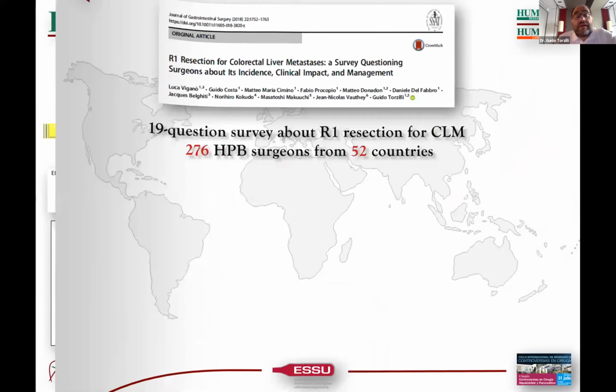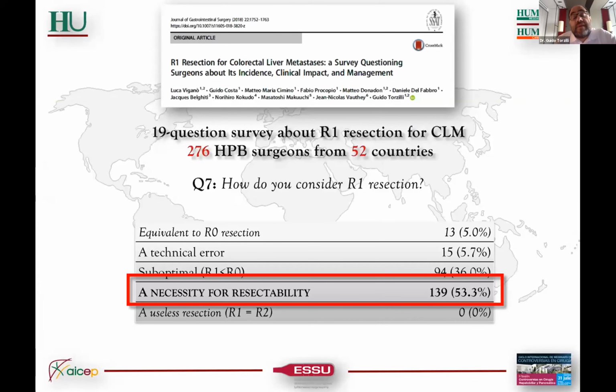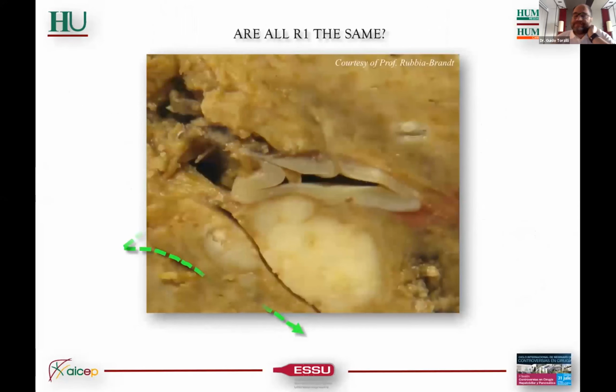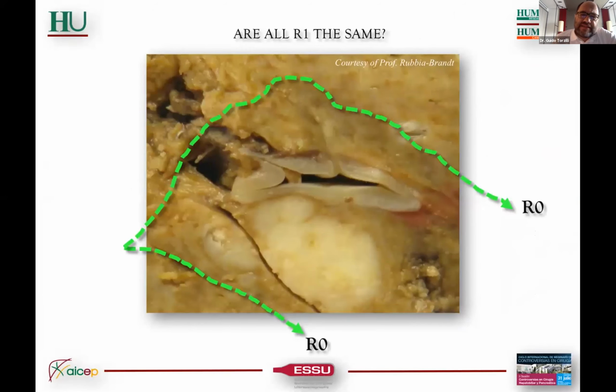We ran an interview which was published among 276 HPB surgeons from 52 countries, and by necessity, R1 is accepted in 53%. Well, but I'm not discussing R1 by necessity.